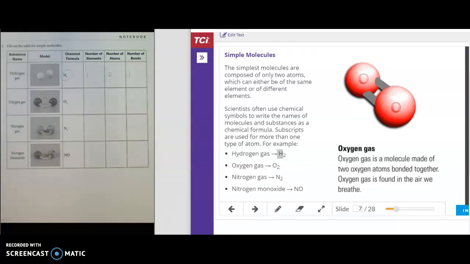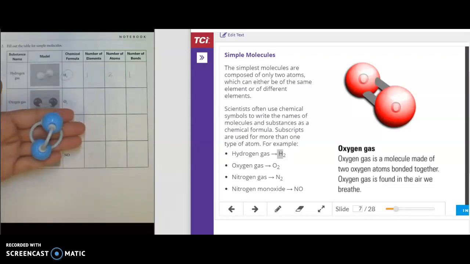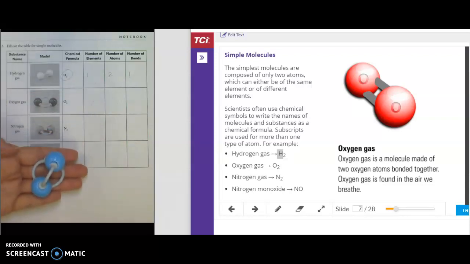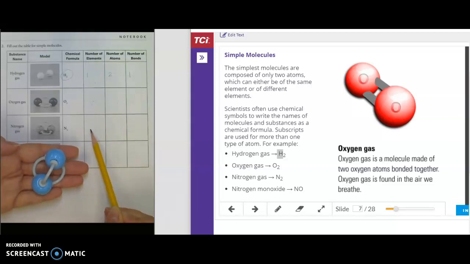All right, nitrogen gas. Okay. So here's nitrogen gas, N2. I'm going to do the same thing. How many different elements do you see? How many different colors are used in this model?